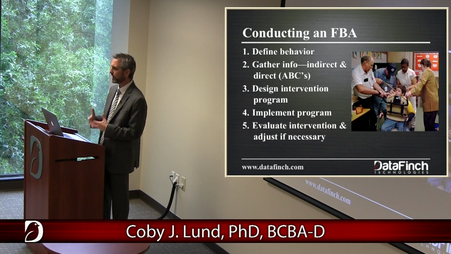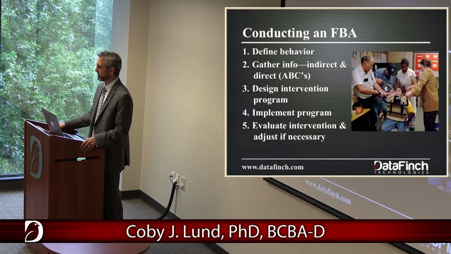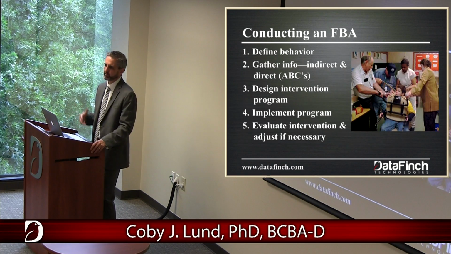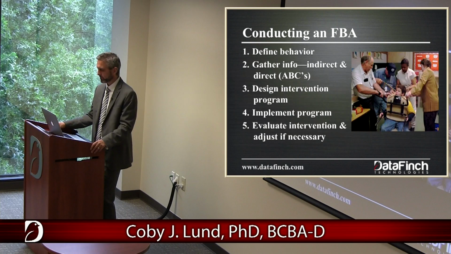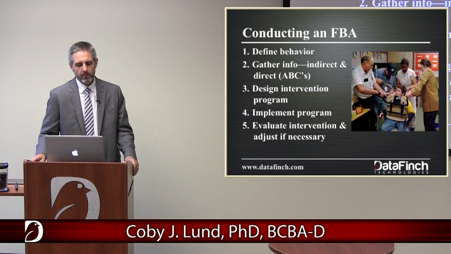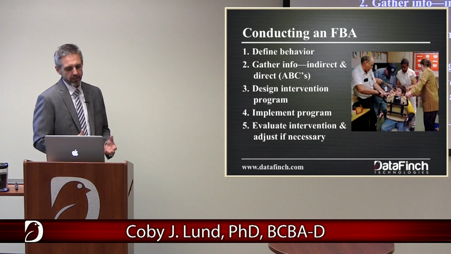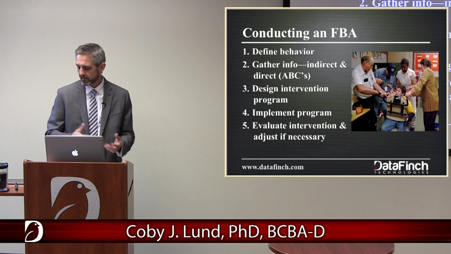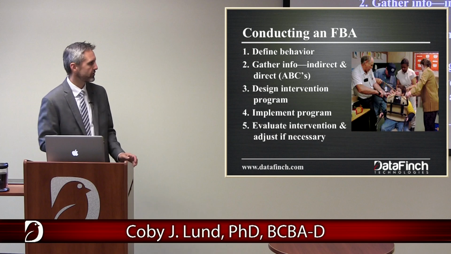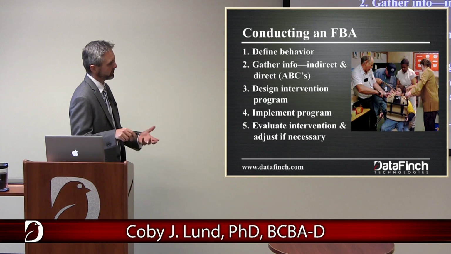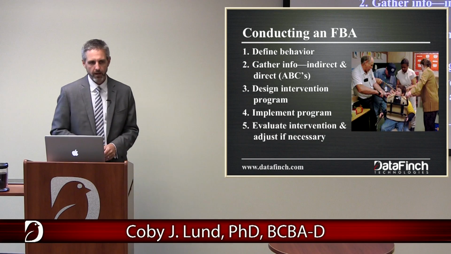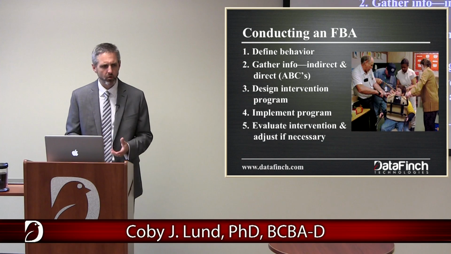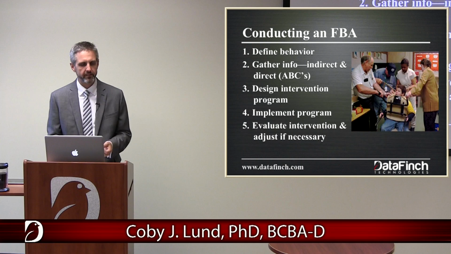The first thing I need to do is define the behaviors that I want to address, and to do so in a way that's measurable objectively and reliably. The second thing I need to do is to start gathering information about those behaviors. And this relates back to what I described before with regard to those indirect and direct levels of functional assessment. Certainly the gold standard is functional analysis.